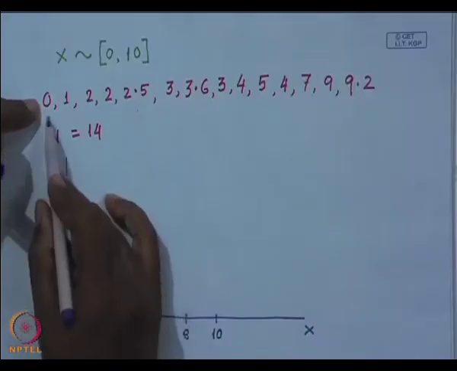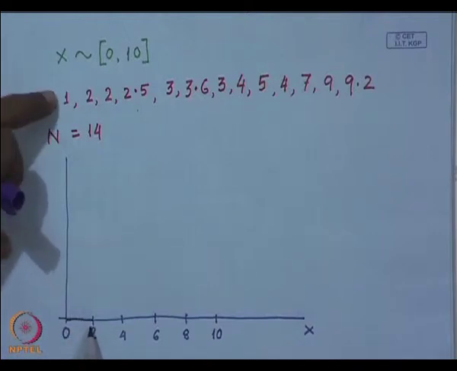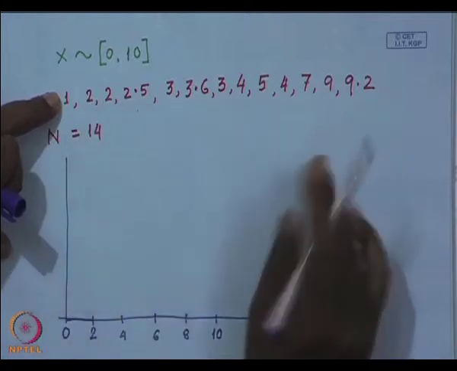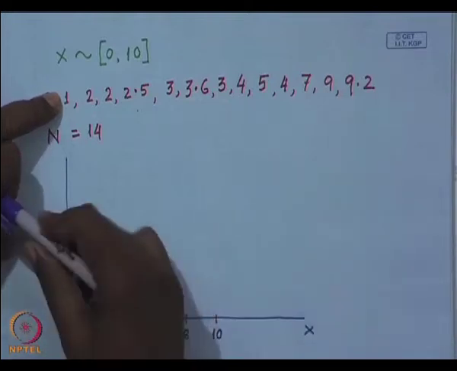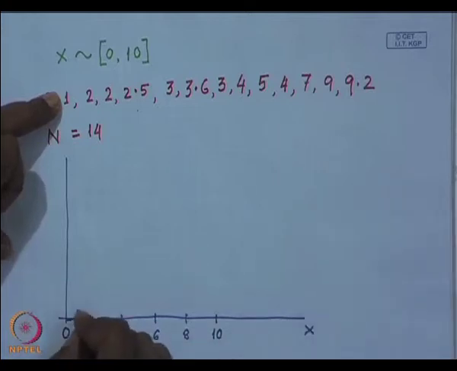So, this sample which is 0 will fall in this 0th bin, whose boundaries are 0 and 2. Similarly, the sample value 1 will also fall in this 0th bin. And if you go through this list, you find that there is no other sample falling within this 0th bin. So, the number of samples which fall in the 0th bin is equal to 2.